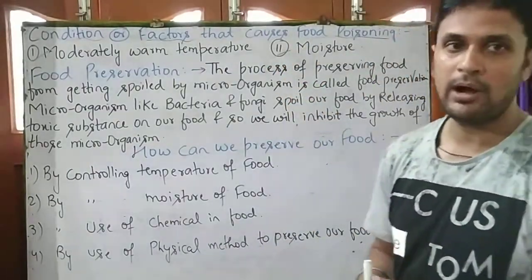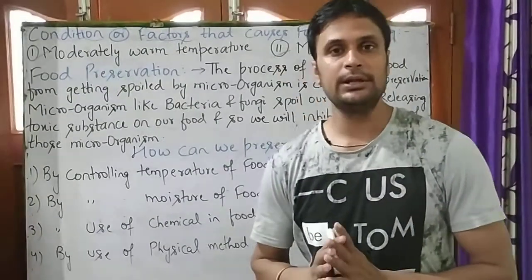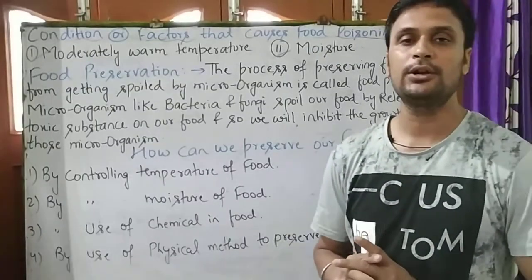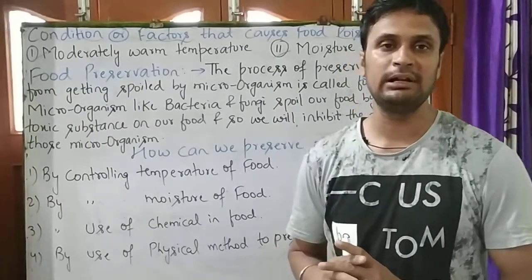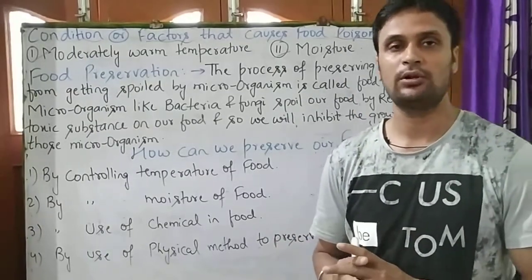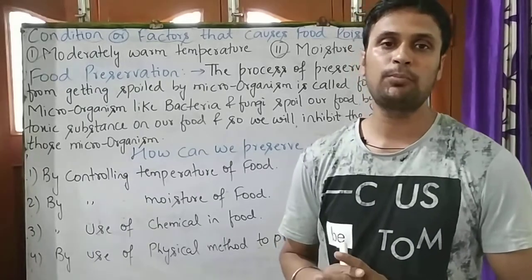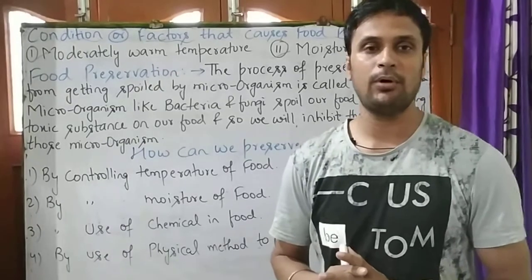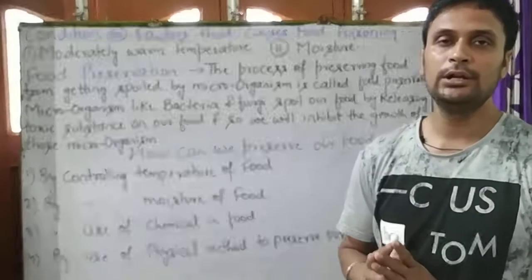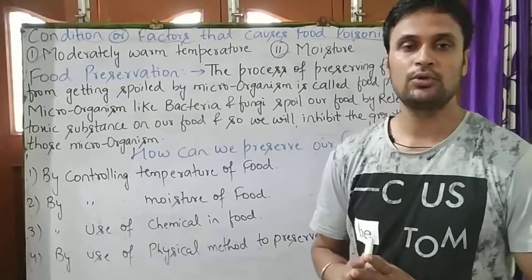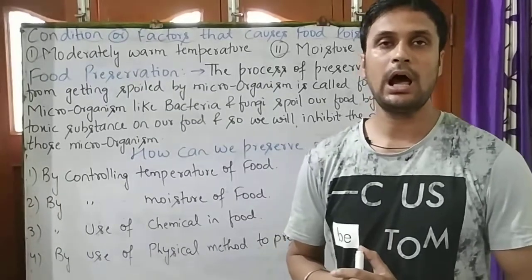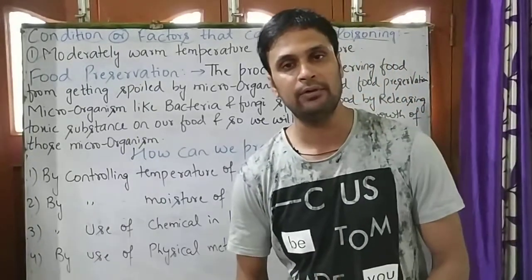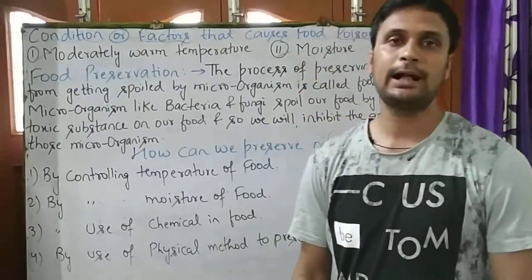Now our second point: if the food is not stored properly, then microorganisms enter the food through air and release toxic substances on the food, leading to spoilage, and consumption of such food leads to food poisoning.